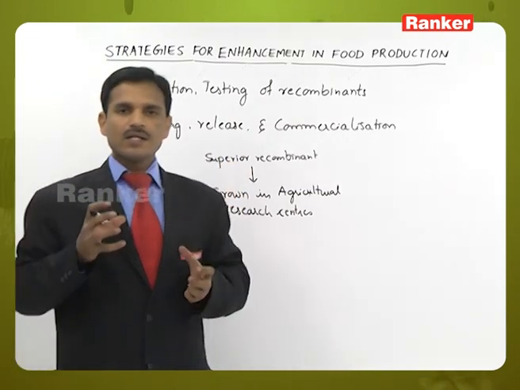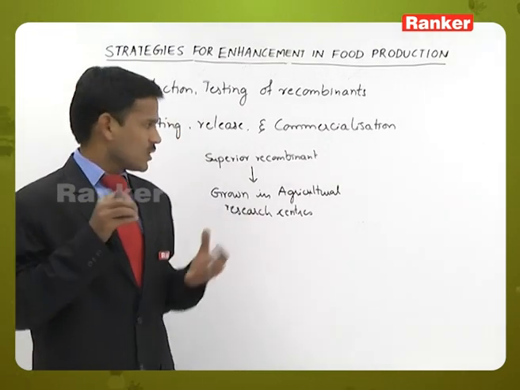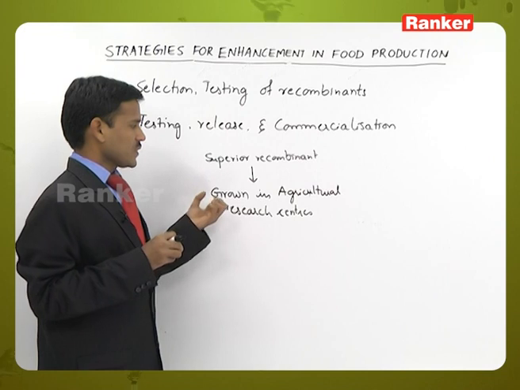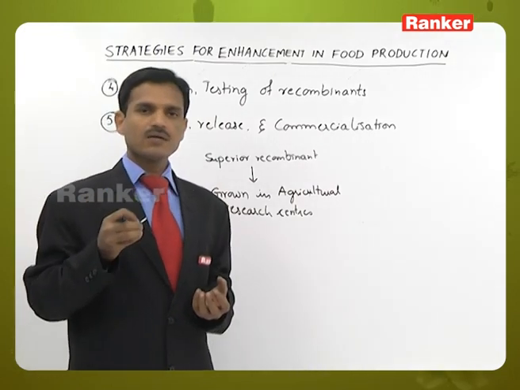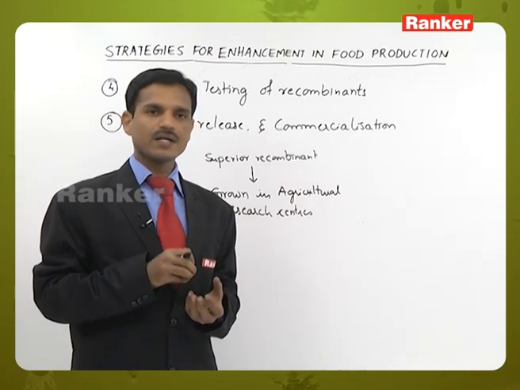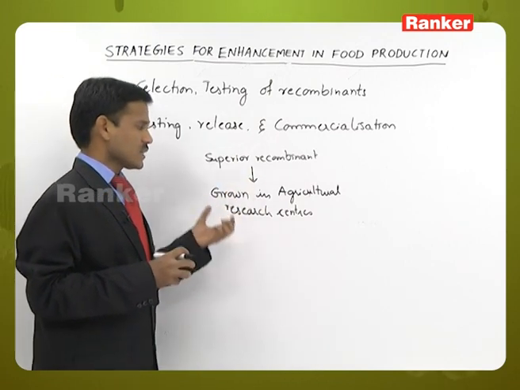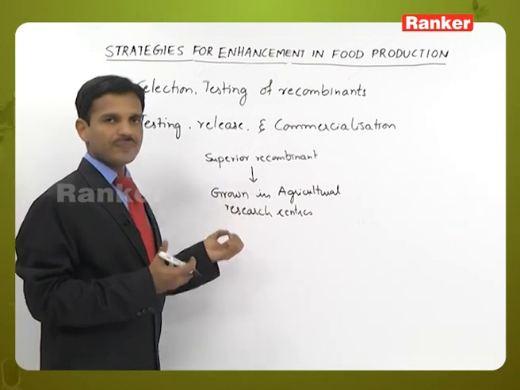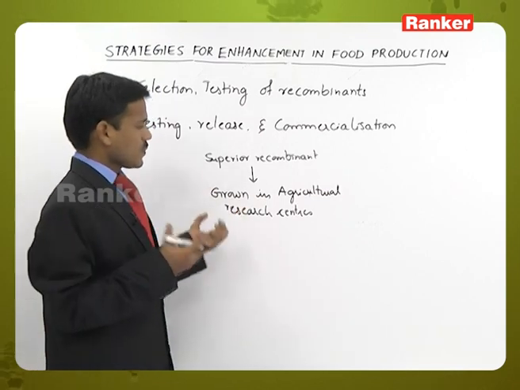Because plants show proper growth when all the requirements are provided: water, fertilizers, and suitable environmental conditions. In agricultural research centers, irrigation means water supply, and minerals and proper fertilizers are given.